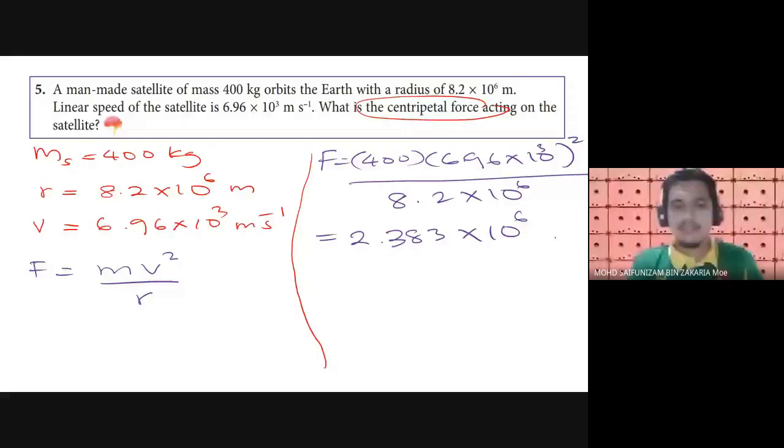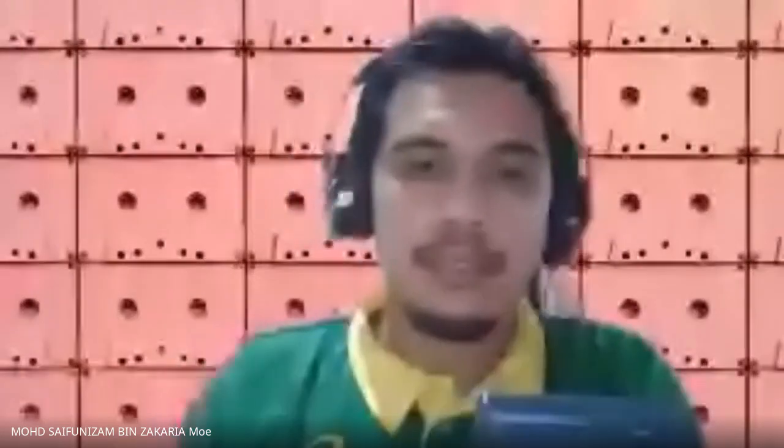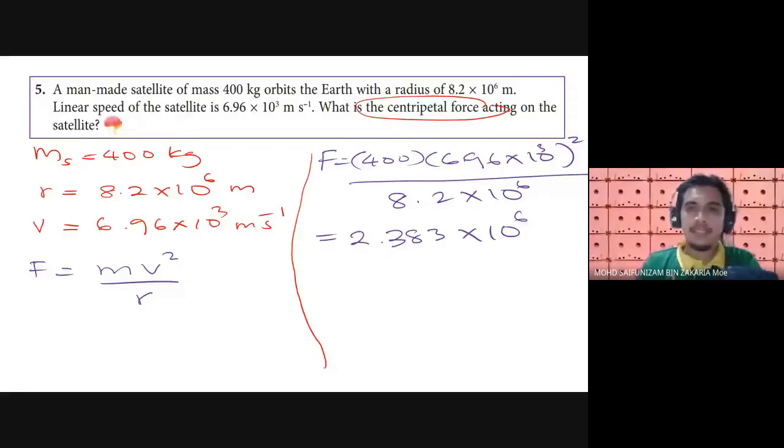Okay, I think 400 times 6.96 times 10 to the power of 3, power of 2, divided by 8.2 times 10 to the power of 6. Okay, do all get this answer?